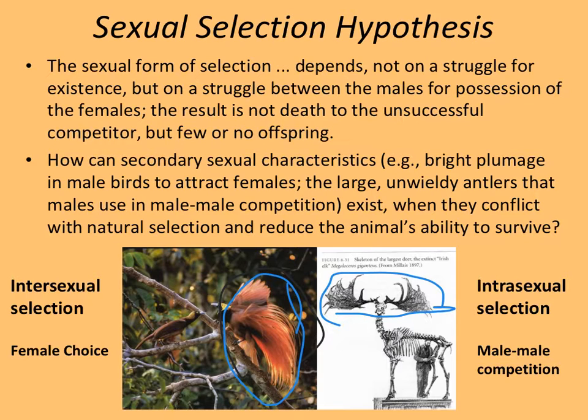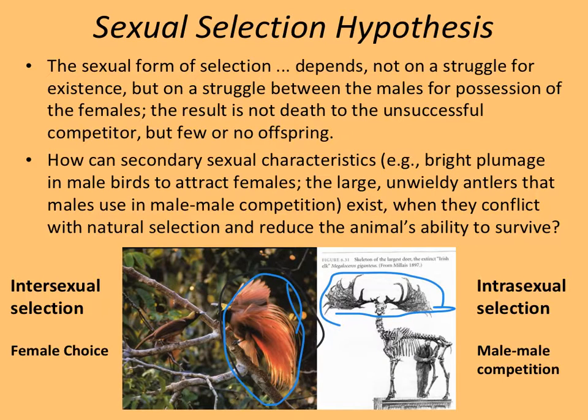If you looked at these characteristics, if you had feathers like that, do you think you would fly very well? No. Also, who would you be very visible to? Predators. Okay. So why would natural selection actually favor traits that would reduce your survival? That's what Darwin thought. That's a real conundrum, right?